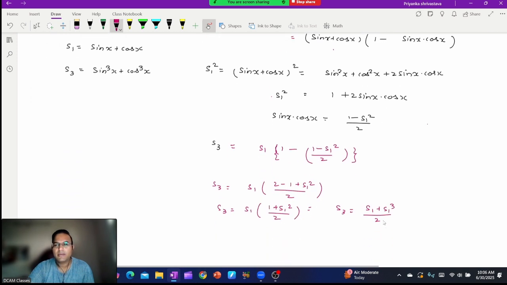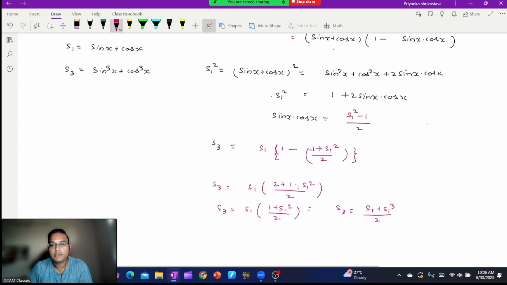They have given minus, how? Acha, I have done one mistake here. Wait, sorry. It will be S1 square minus 1, half, plus minus. It will be plus. This is minus.